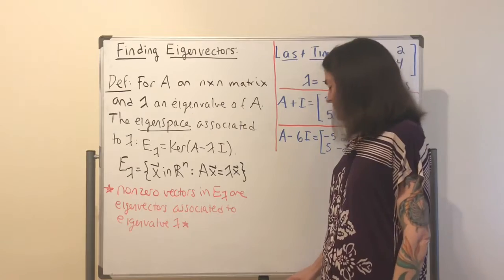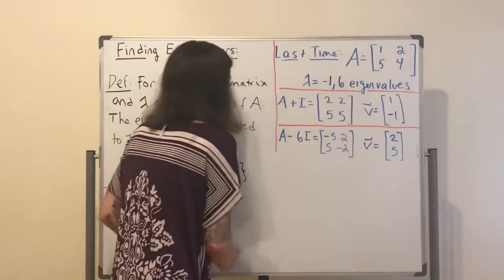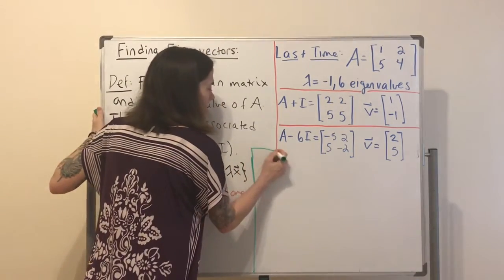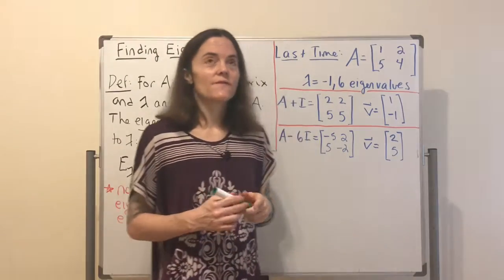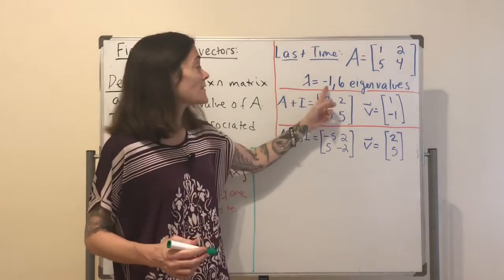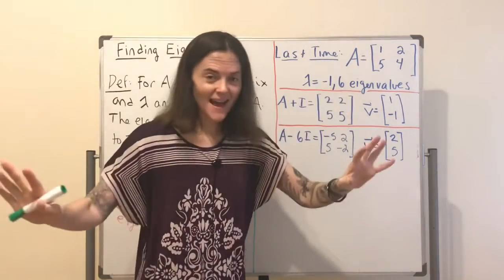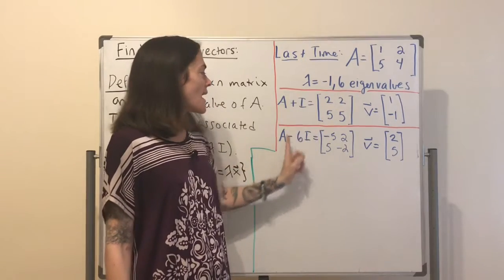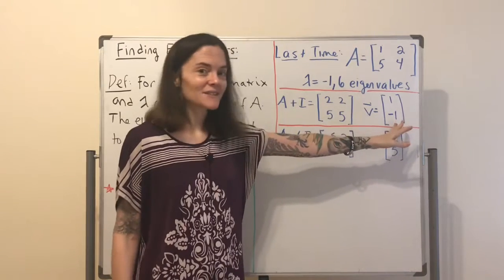Now we move to this half of the board. This is the one example last time where I found, for each eigenvalue, the eigenvalues were -1 and 6, I found one eigenvector. So I wrote out A minus lambda I, and then I found one vector in the kernel.